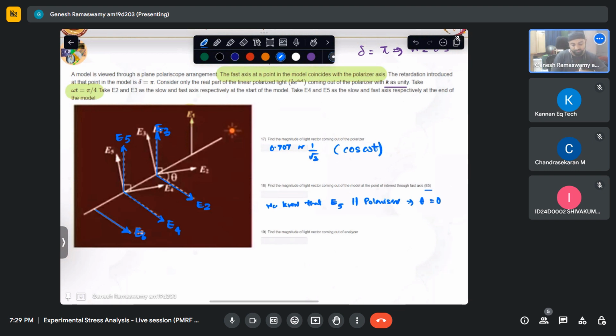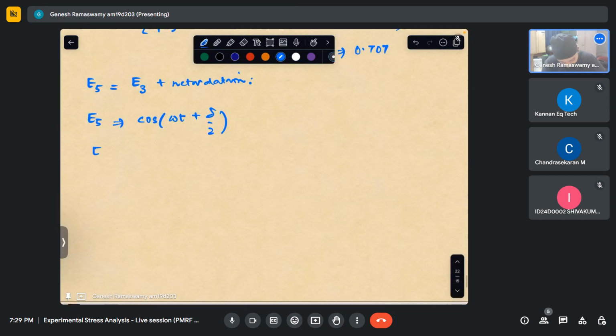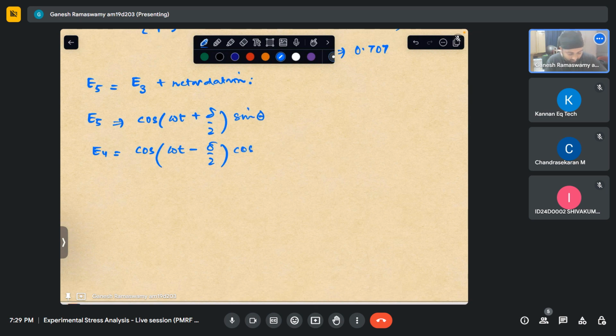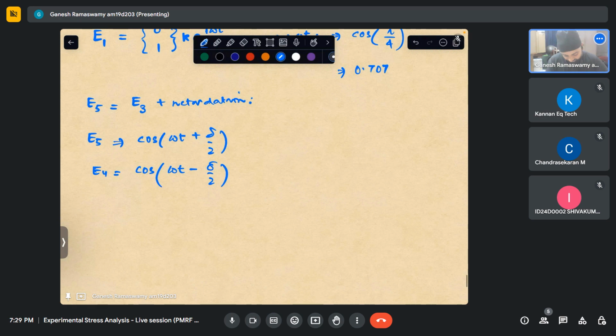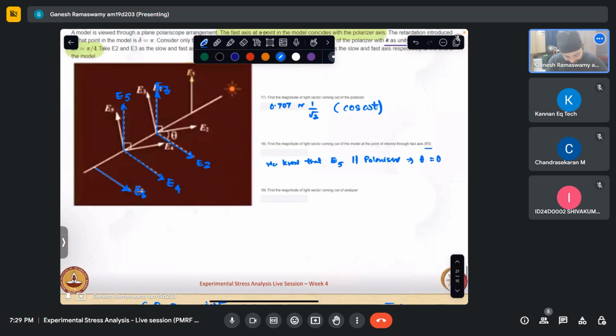And E4 will be cos omega t minus delta by 2. Otherwise, there would have been a sine and cos component. Since that is not present, actually it will be the other way around. First will be cos. So E5 is nothing but cos omega t plus delta by 2.